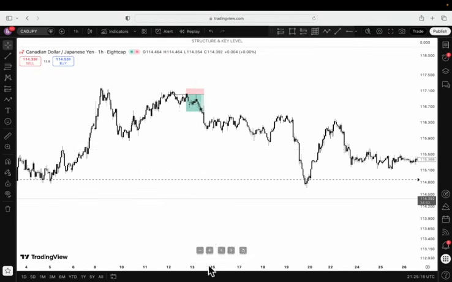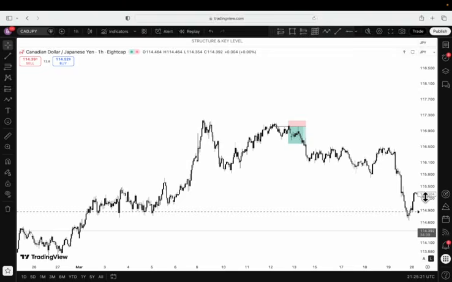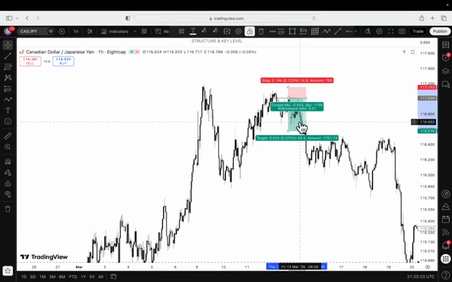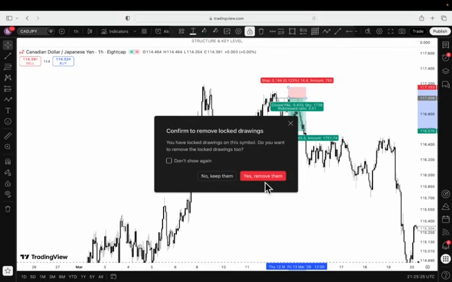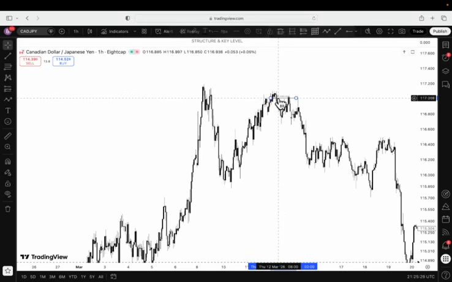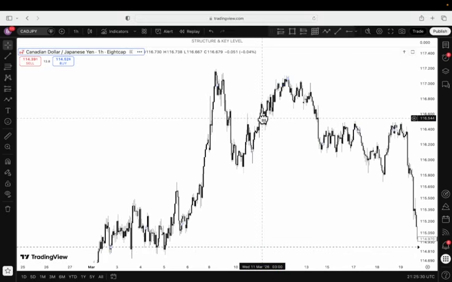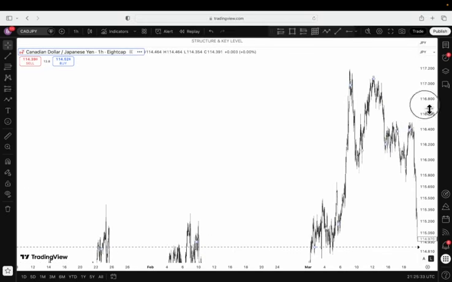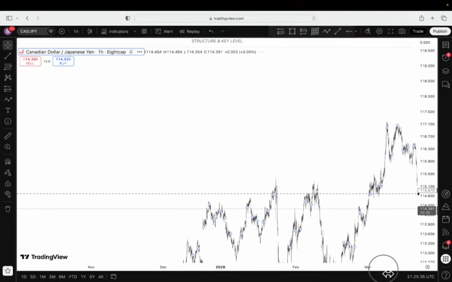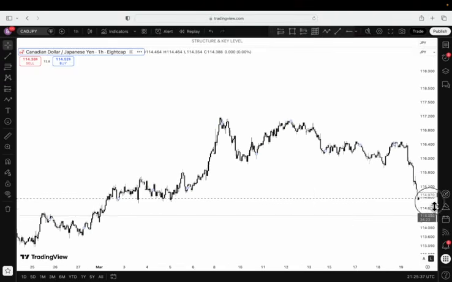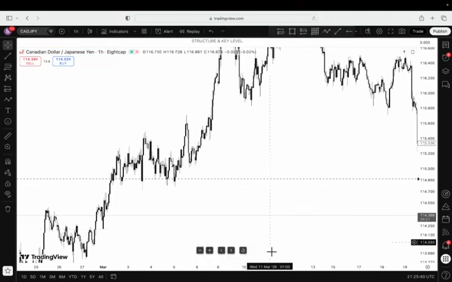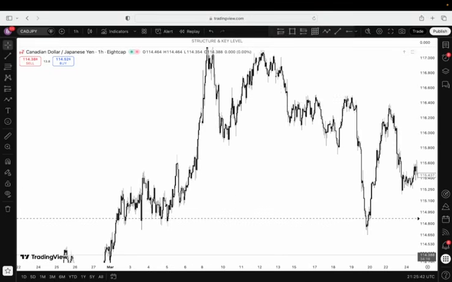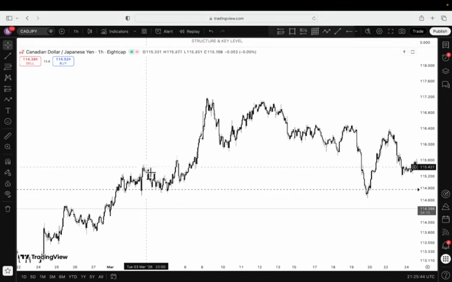But firstly, let me check this. Okay. So both the inducement and the first guy here is gone, second guy here is gone.